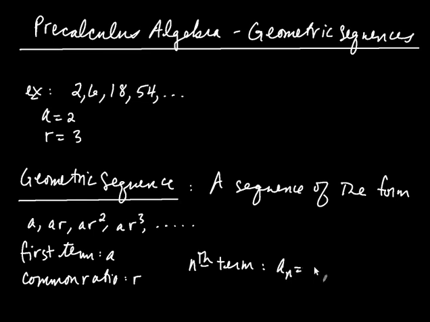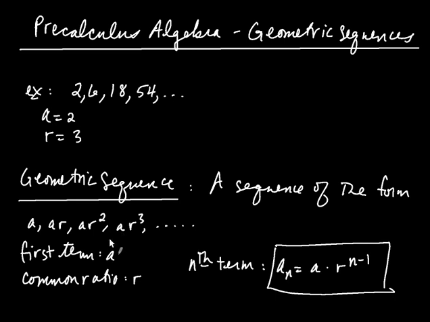The nth term is equal to the first term, A, multiplied by the common ratio, R, raised to the n take away 1. So you plug in R, your common ratio, and A, you raise R to the n take away 1, and then multiply that result by A, from the order of operations. That'll give you whatever term you're looking for.